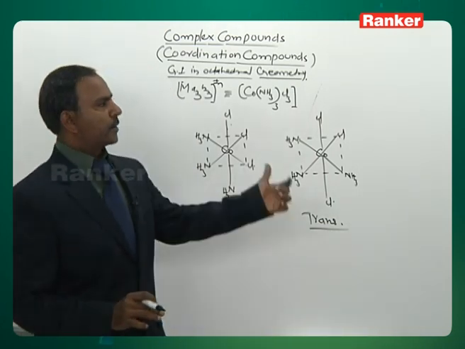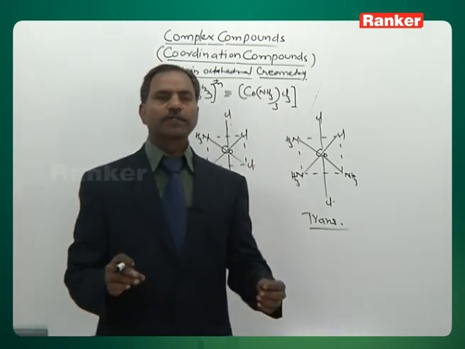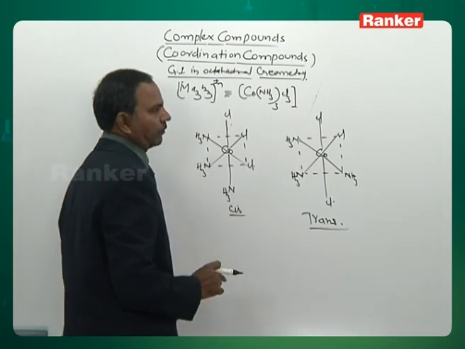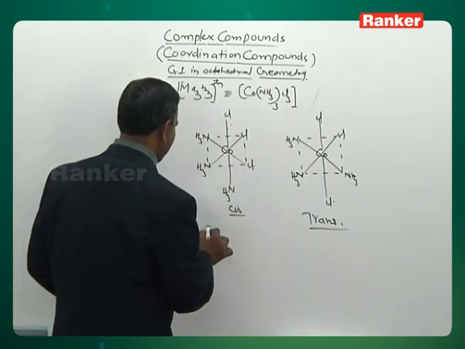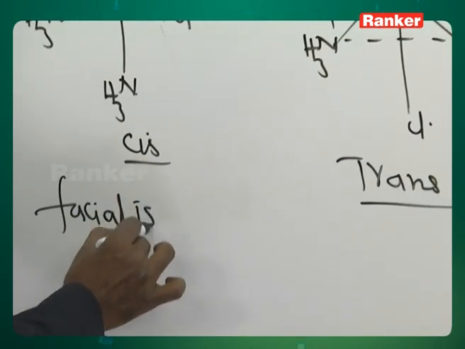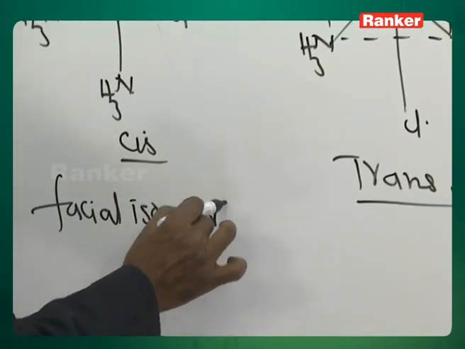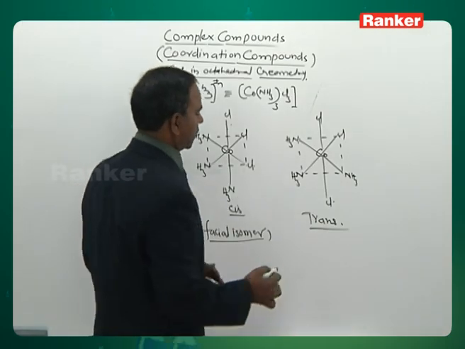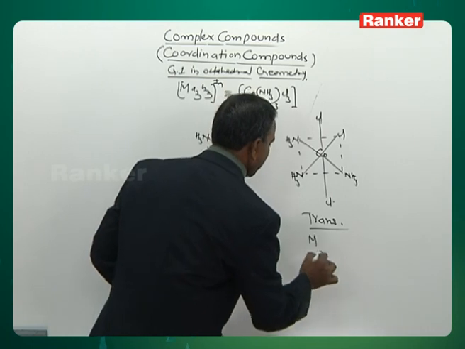Now, this particular cis complex, we also call it the facial isomer. Remember, Ma3B3, the cis isomer is also known as the facial isomer. This other isomer we call the meridional isomer.